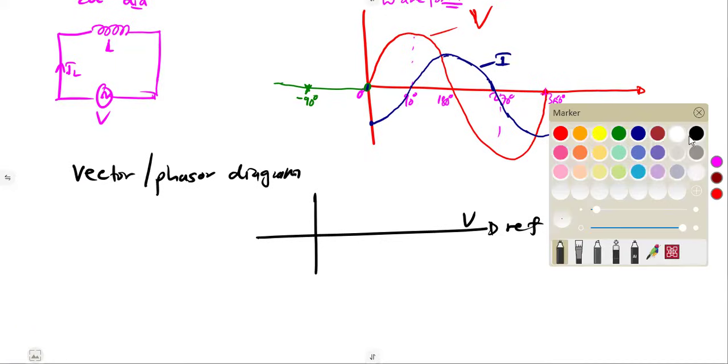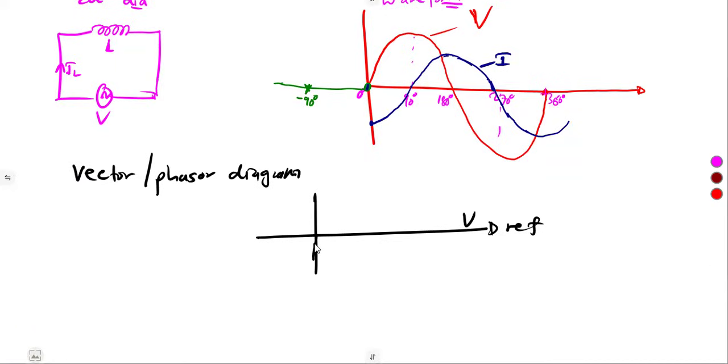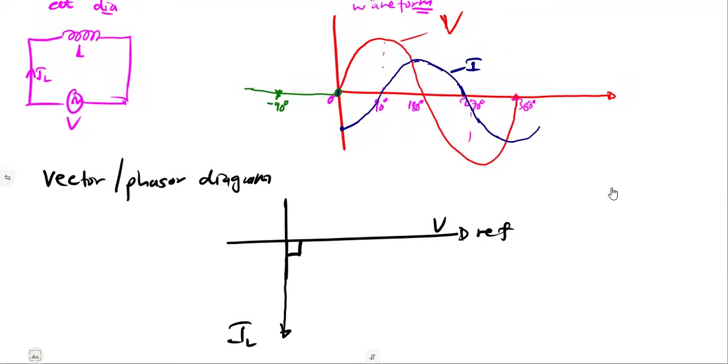So meaning to say our current is going to be directly going down. It lags. So this is the current that we're going to have, lagging by what? By 90 degrees. So meaning to say if you consider a current under a purely inductive condition, it's going to be a certain current that you're given at an angle of what? -90.